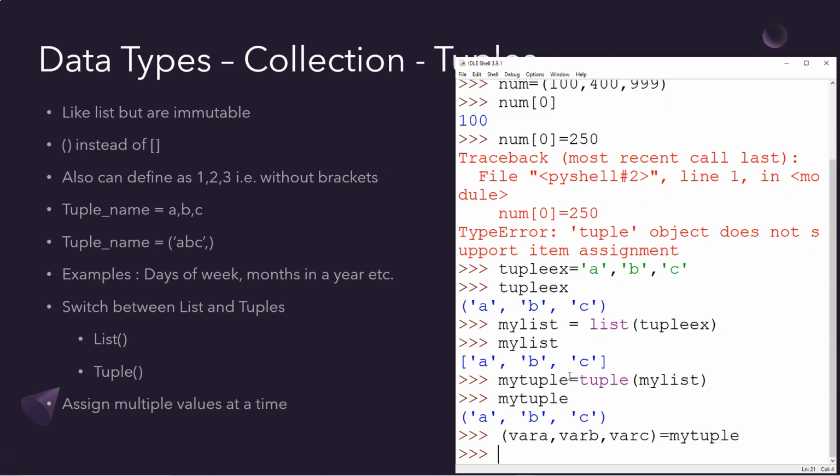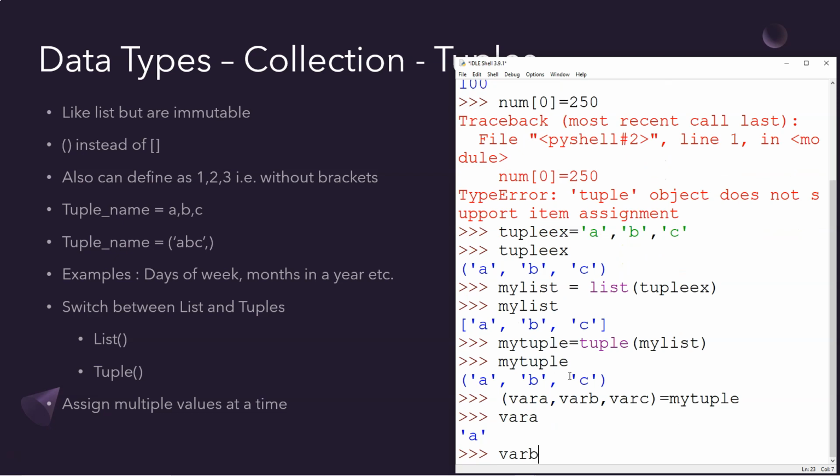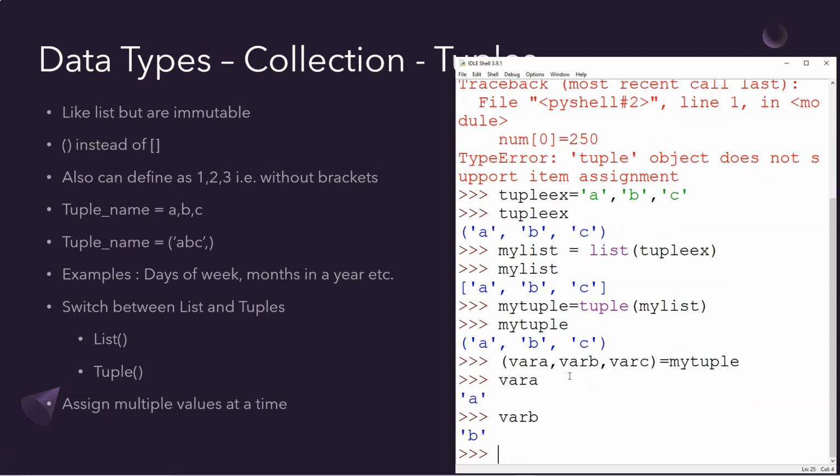When I hit that, it automatically assigns var A, B, C those values. So var A will be equal to A, var B equal to B, like that. So this is known as tuple assignment, which is also a very good feature in tuple.